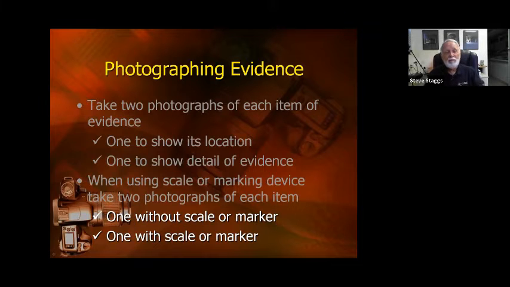No. If your mid-range shot shows where all 5 of them are nicely, and also shows there's nothing that you're going to be blocking or covering with your scale or marker, well, then you can just go ahead with your close-up and go ahead and have that scale or marker. But somewhere we have to be able to show a photograph that says, well, here it is without any marking, all right? And it doesn't have to be an individual shot. It could be one that includes some other evidence as well.